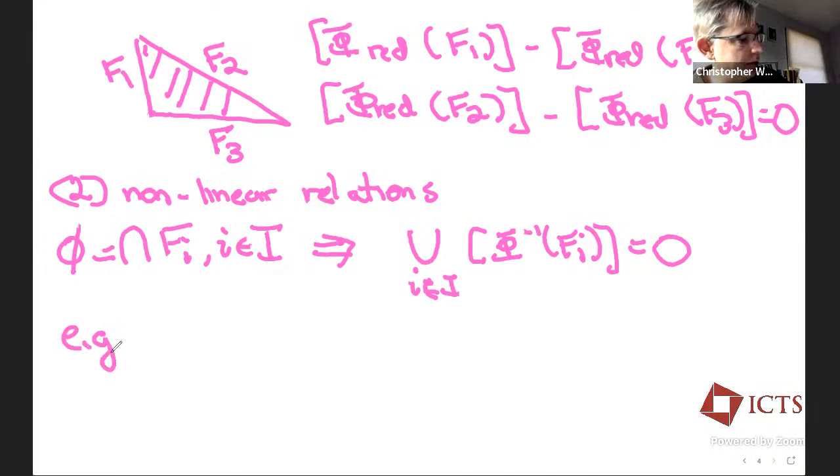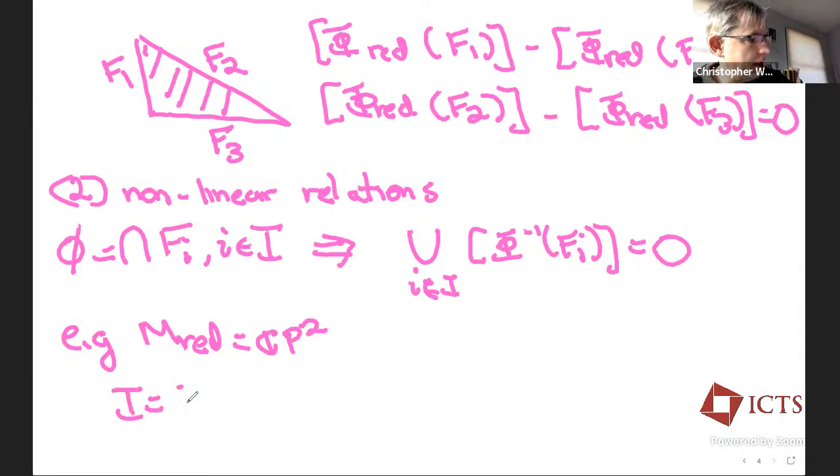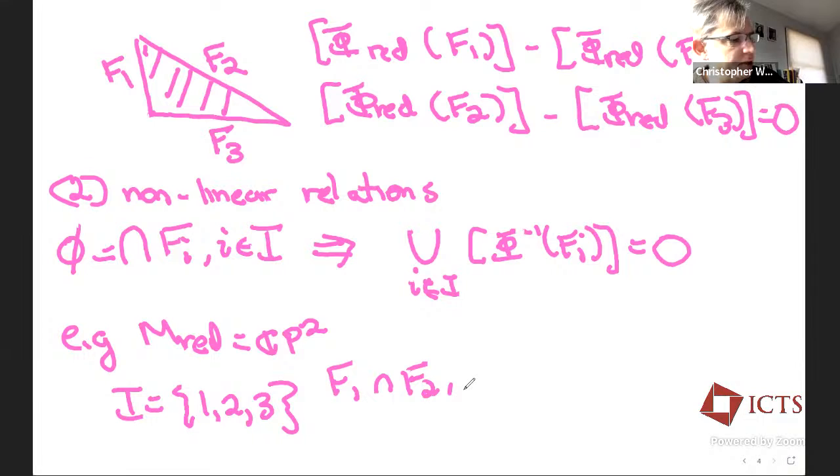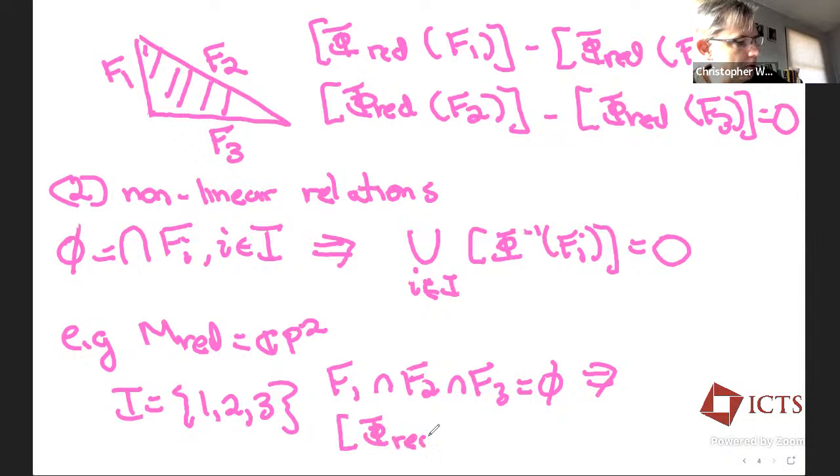So for example, if M_red is CP2, I take F1, F2, and F3, they have no common point in intersection. And this means that when I take the product of all of these, I get 0.